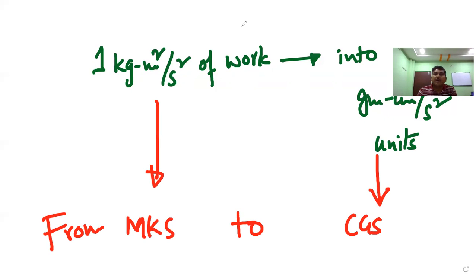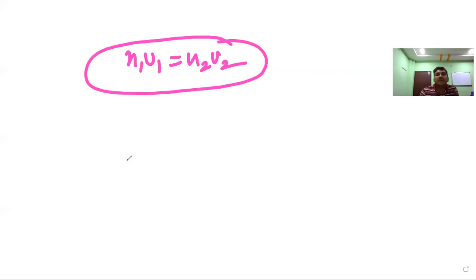Now, the same formula, let us make use of. That is N1 U1 is equal to N2 U2. From this formula, I can write N1 is 1 and this is kg meter square per second square, the original unit.